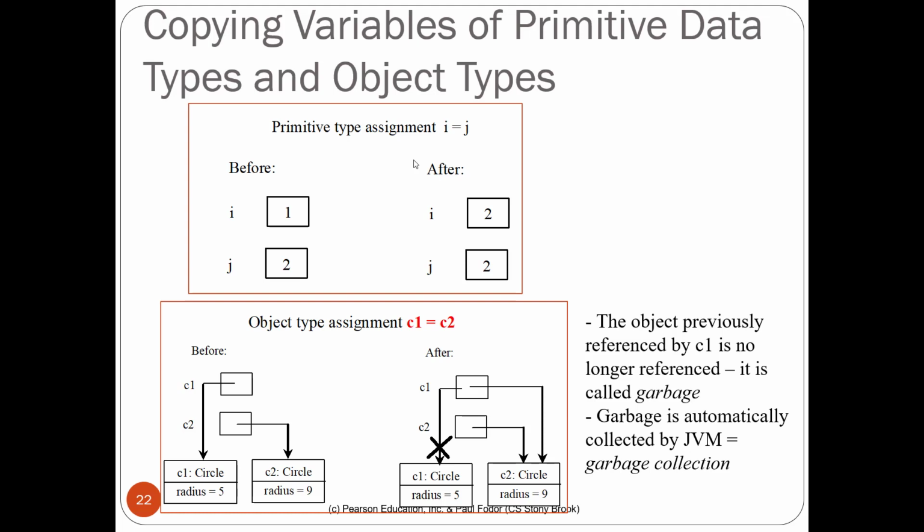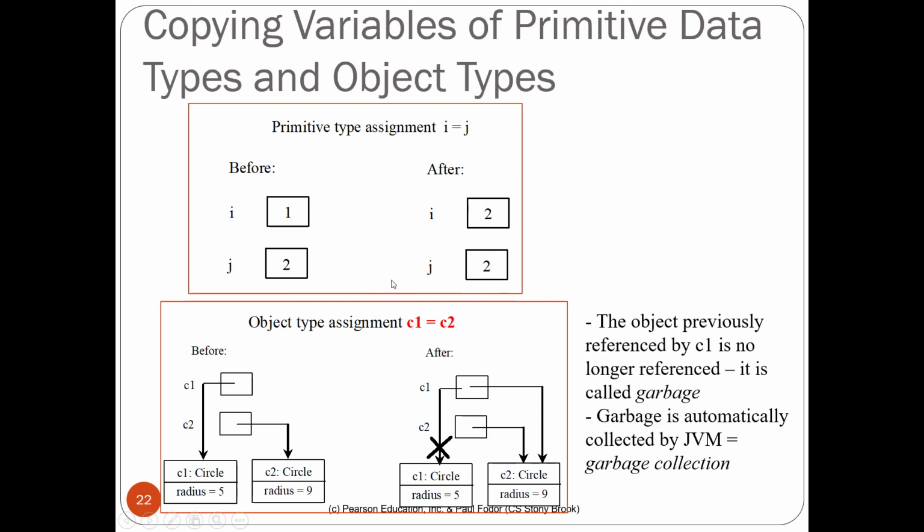So what will happen? I is holding the actual value 1, j is holding the actual value 2. So when you say I is equal to j, then this value of 2 would be copied in I. Alright, so I has a value 2, j has a value 2. Now if I do j plus plus, only this 2 will be changed to 3. And if I do I plus plus, then only this will change, not j.